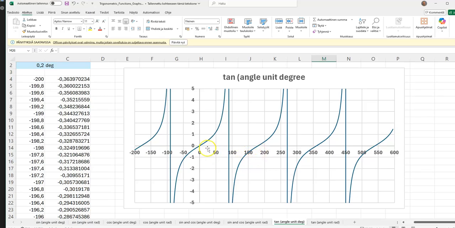Yes, so sorry, no, this is not 180 degrees. In my eyes this looks like 180 degrees, but it's 150 degrees there. So this point there is 180 degrees. So we see from 0, then 180 degrees, 360 degrees, etc. I think this is 540 degrees, but we can see that the period of the tangent curve is 180 degrees.